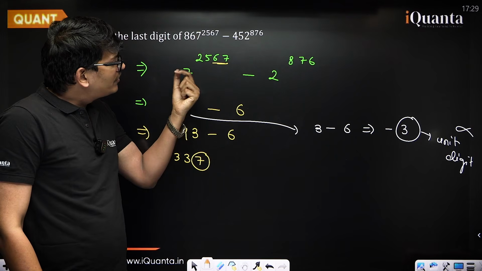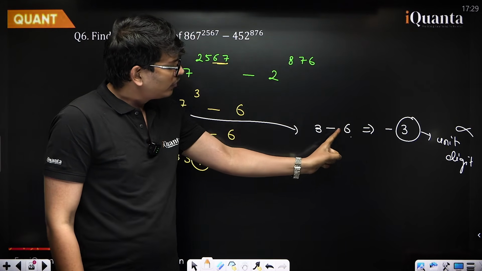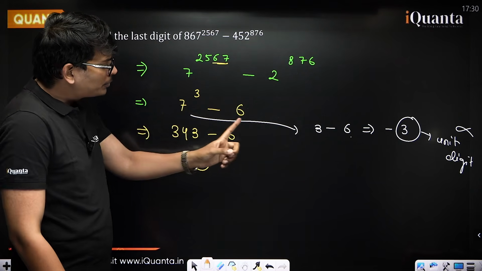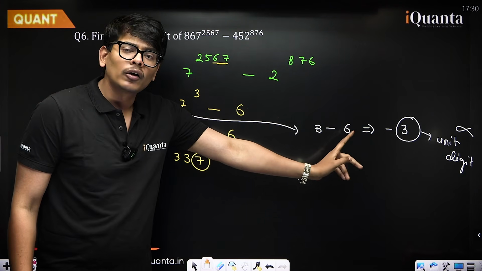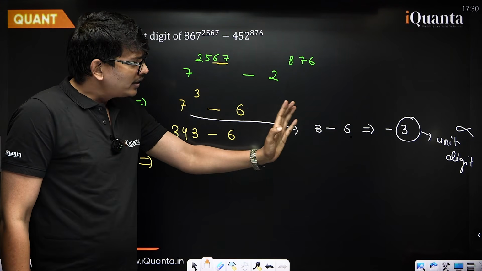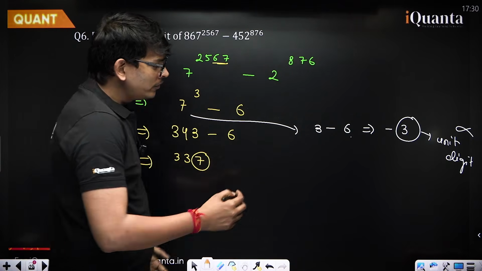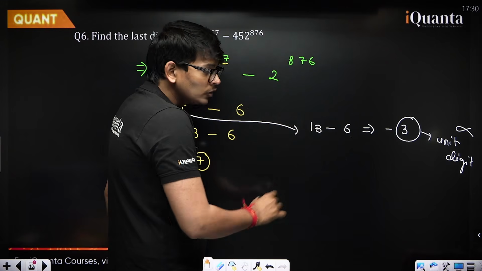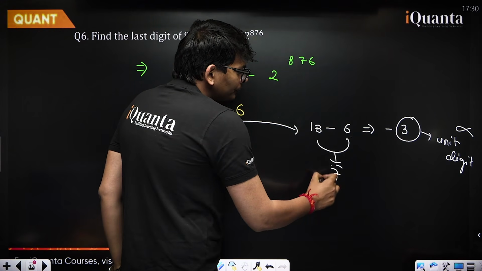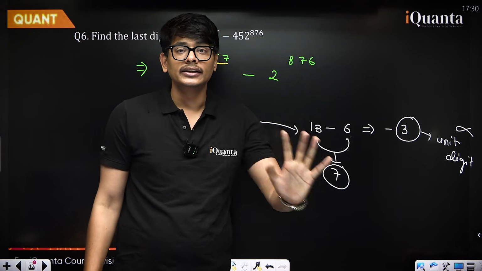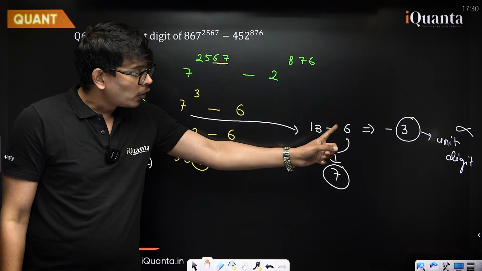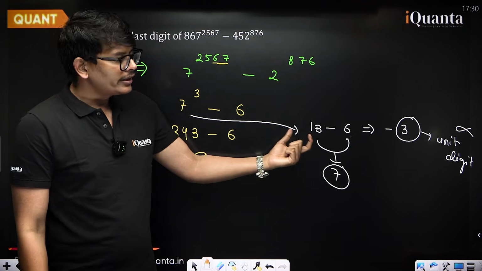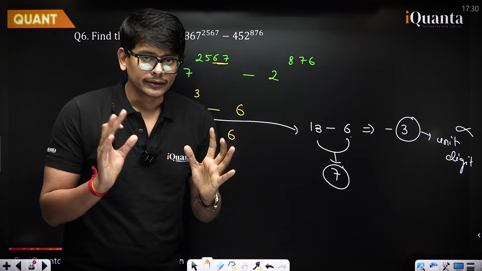So obviously when you are subtracting a number from a bigger number, और वो जब subtract नहीं होता है तो आप borrow करते हो, तो observe कीजिए, if you are solving this part also 3 minus 6, so 3 minus 6 is not solvable, so what will you do, you will take a borrow, so 3 becomes 13, so 13 minus 6 becomes 7. So never put -3 as the answer. Always remember, if you are not able to subtract while solving unit digit, always take a borrow and then you will be able to find the right answer.